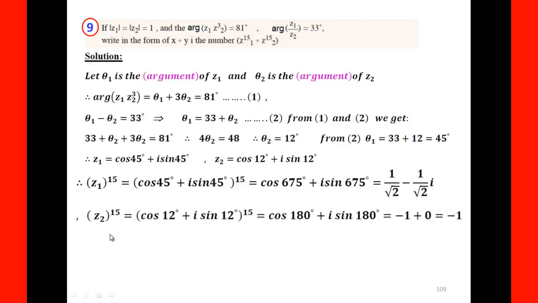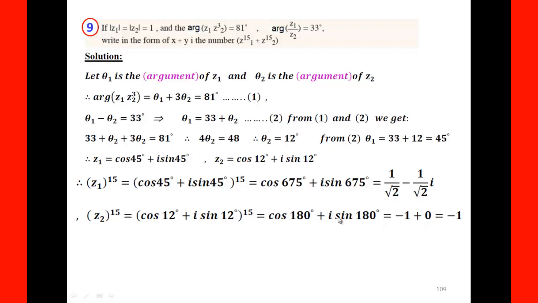With respect to Z2 power 15, we write in this form: cosine 12 plus i sine 12 all power 15. To find this result, cosine 12 multiplied by 15 equals cosine 180, and i sine 12 multiplied by 15 equals sine 180. Cosine 180 equals negative 1, and sine 180 equals 0.